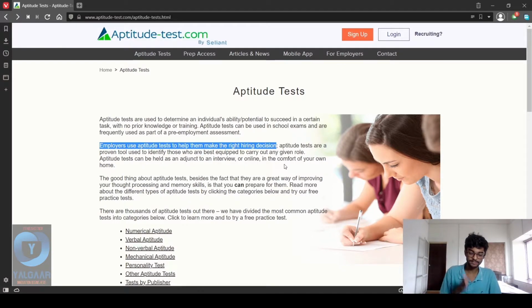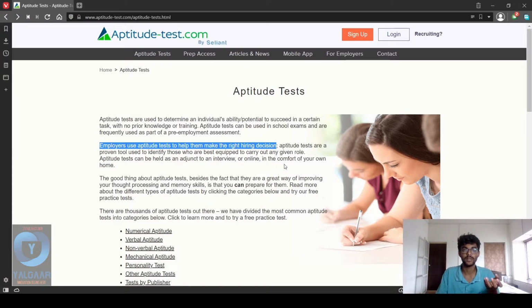So if you're applying to a particular company, the first thing they do is conduct aptitude tests, and that is how it works. Because when you show that you have aptitude for a certain thing, then later on in the interview they will find whether or not you are applicable for this particular job.